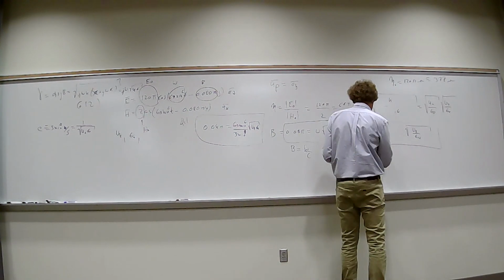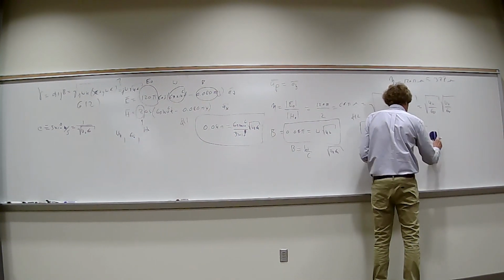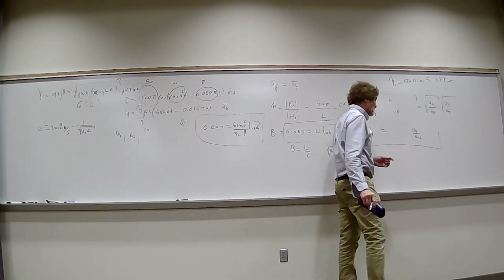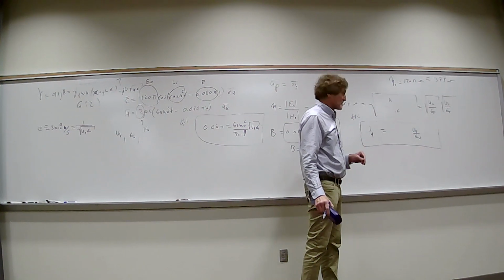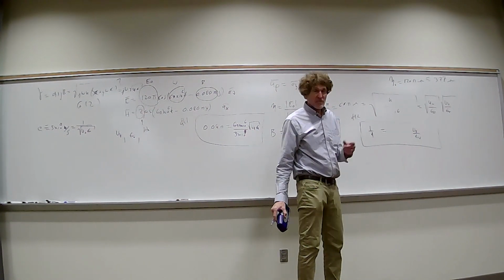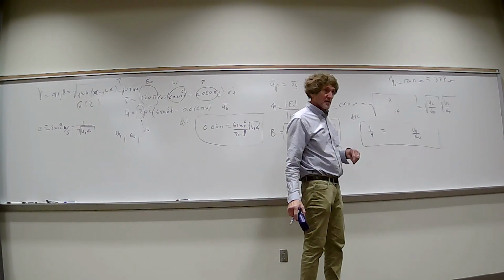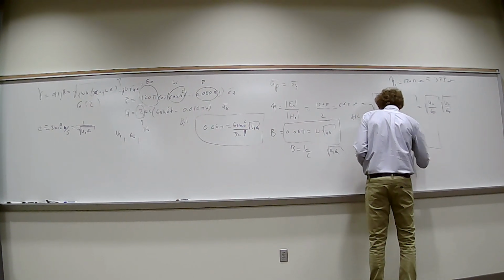Now I get this. It's up to you how you do it from here on. What else? It means epsilon relative is 4 mu relative, right? Just multiply both sides by epsilon relative. You get epsilon relative is 4 mu relative. Right?